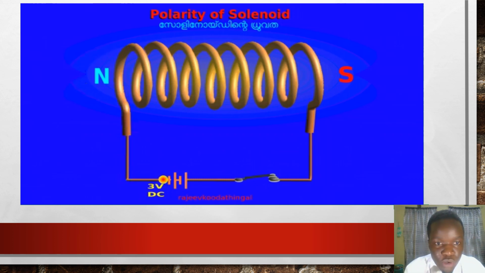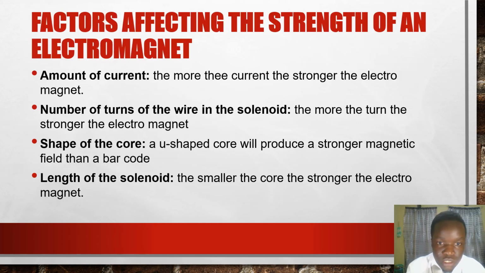I hope you have understood how to determine the polarities. This is the North Pole, South Pole in a solenoid and the direction of current. When current is moving like this, the North Pole may be on the other side. This is not in contrast with the polarities of the EMF source.